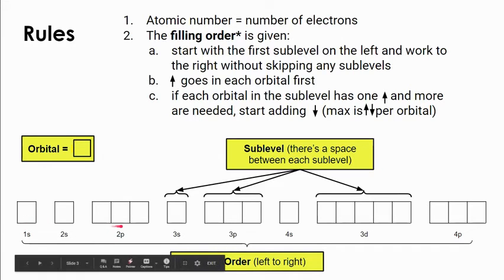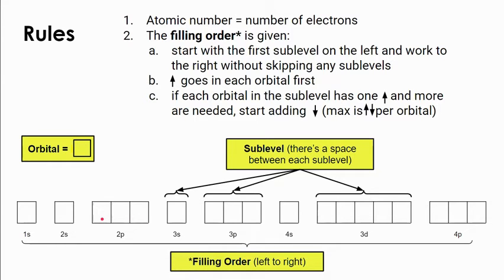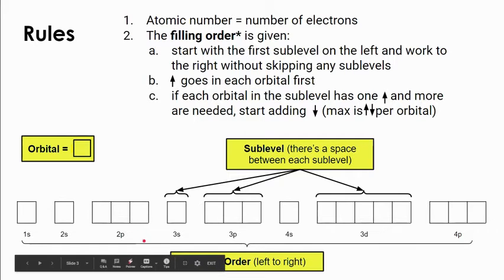It's when we get to the p orbitals, so here's 2p, here's 3p, here's 3d, where we have more than one orbital at that sublevel or more than one box. We're first going to place the up arrow into each box before we go back and double up. We called that the bunk bed rule when we were using the POGIL activity.